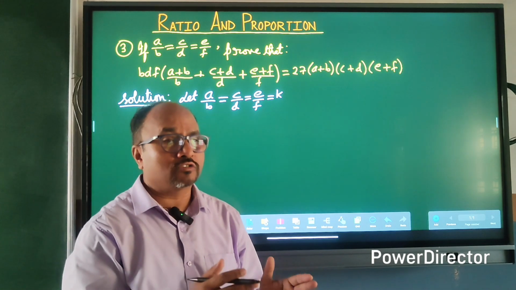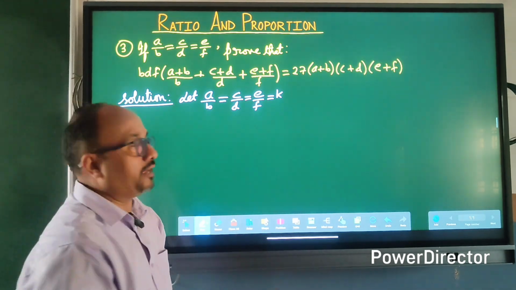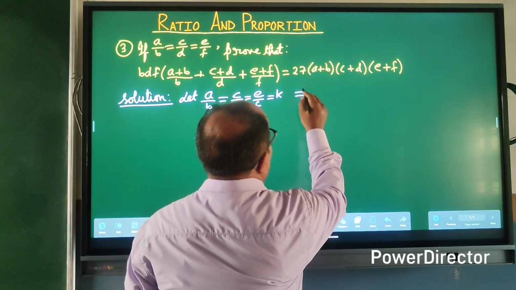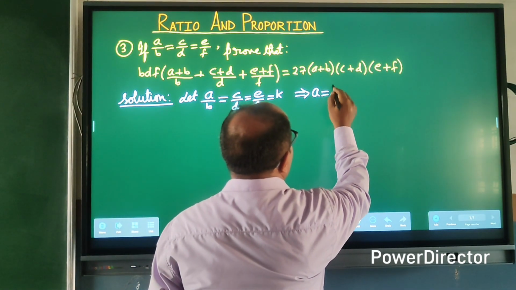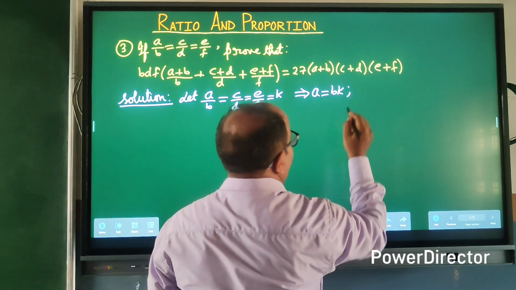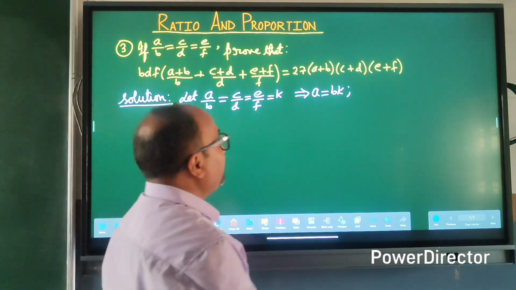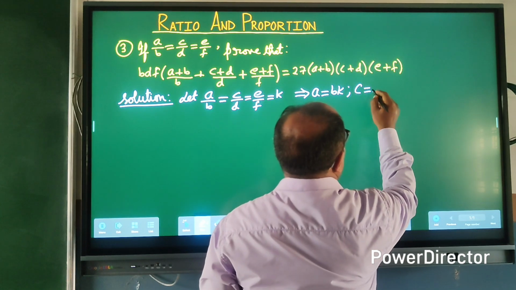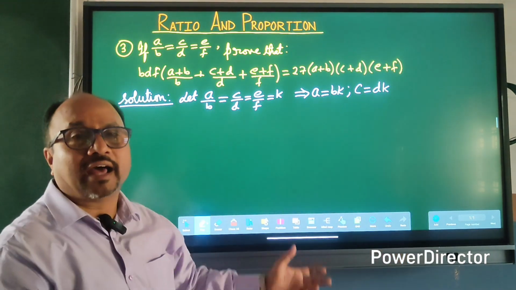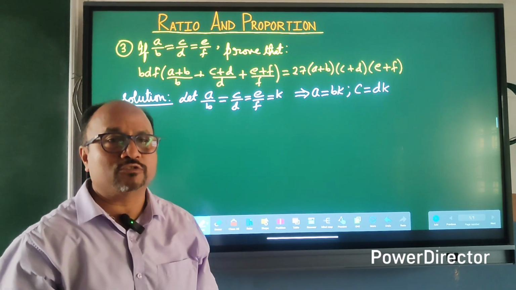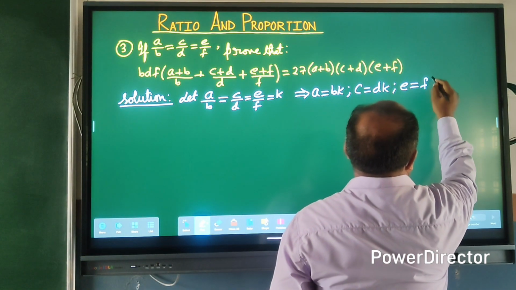Now all three ratios are equal to K, so by taking A by B equal to K, I get A equals BK. If I take C by D equals K, by cross multiplying I get C equals DK. And taking the last one, E by F equals K, I get E as FK.